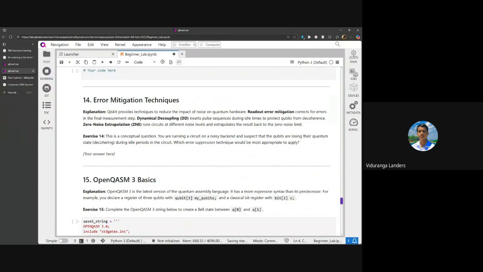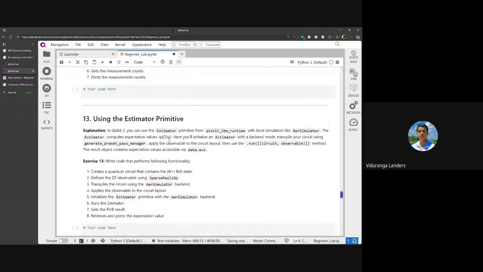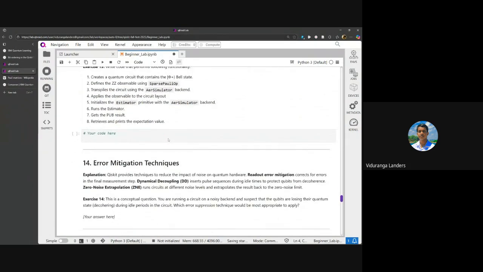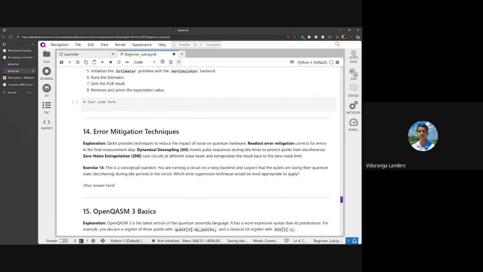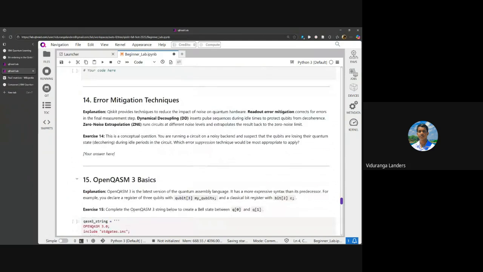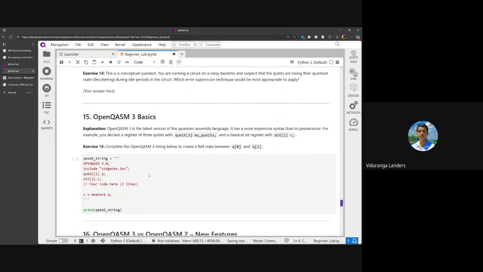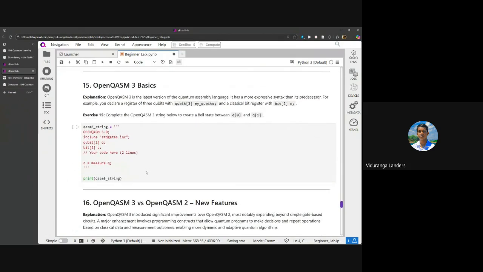So what they are looking for here is actually to explain what are some error mitigation techniques that they have implemented in the Qiskit platform and how they can be used. So I'm going to skip those because you can refer to the documentation to understand these better. And these are again conceptual questions. No coding is required. So now we move on to OpenQASM.